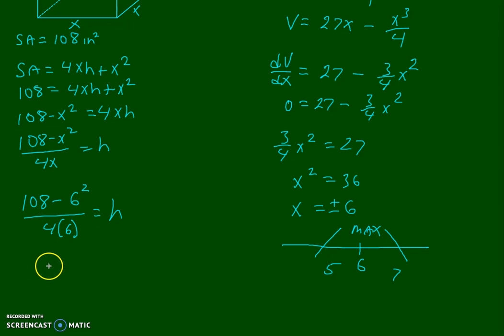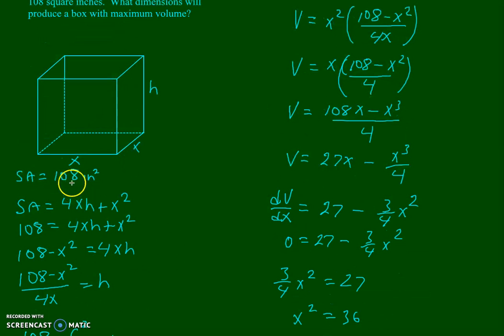This works out to 108 minus 36 is 72, divided by 4 times 6 is 24, which is 3. So that's our h. Now we know that our dimensions are 6, 6, and 3.